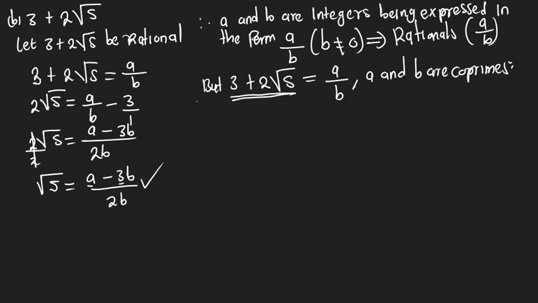But we know that 3 plus 2, the square root of 5, equal to A over B, where A and B are coprimes, was supposed to be giving us a rational assumption. So imagine this side we've got irrational, and then on the other end we've got rational. Henceforth, this thing is not holding.